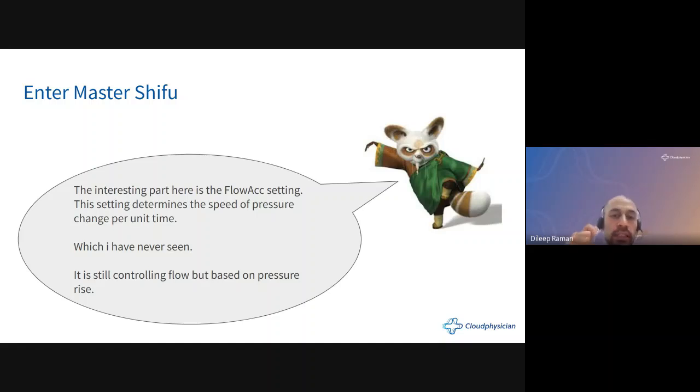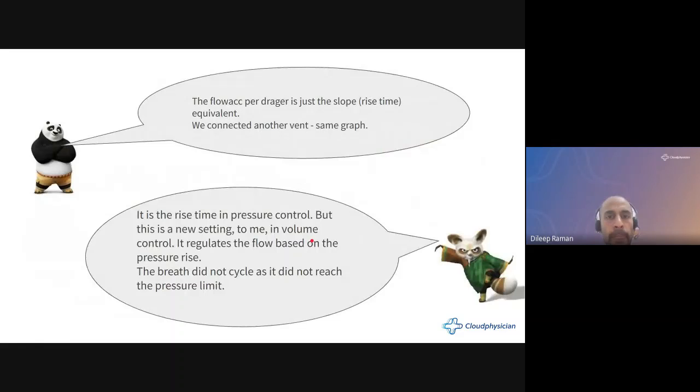But when you change the flow ACC, what is changing is the pressure per unit time, which is very new actually in some of the ventilators. What we dug further is that we opened the Draeger manual and checked that the flow acceleration setting is just changing the slope of the pressure time waveform. So please pay attention to that part, because that part is critical.